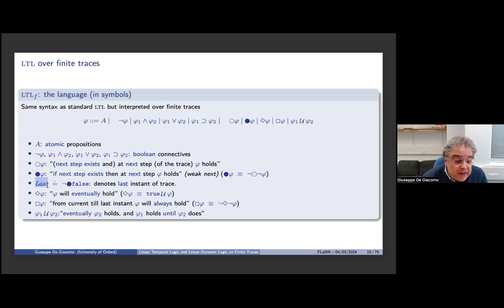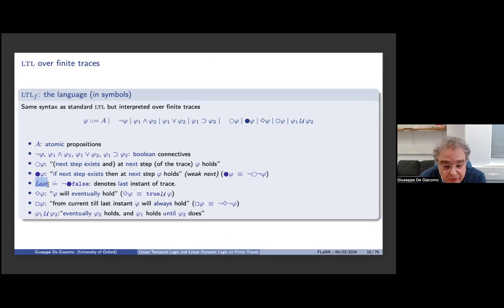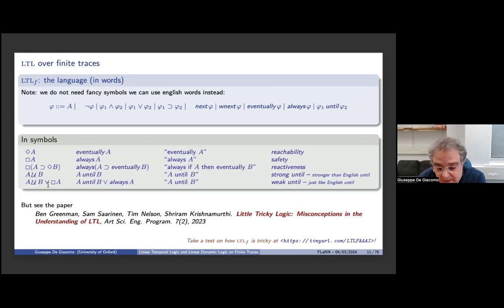Also, we have a way of denoting the last instance of the trace. And so now on the trace, we have two reference points, not only the beginning of the trace, but also the end of the trace. We can talk about these two points. And obviously, instead of symbols, by now we know that this logic is very nicely interpreted in English itself. So you could use even directly English terms like eventually for sooner or later, always to say that something goes forever.